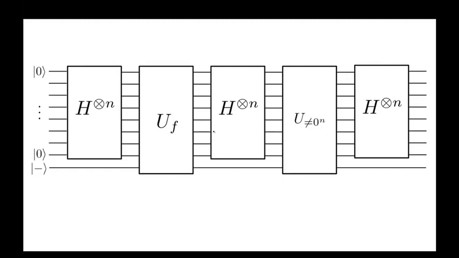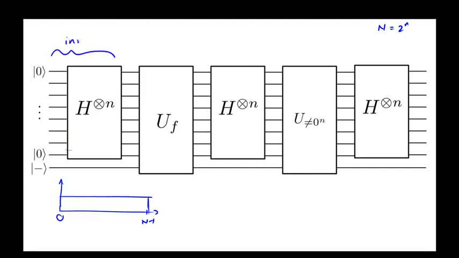We first wish to start off with an equal superposition over all numbers from 0 to capital N, or in other words, over all the n-bit strings. So we do a Hadamard transform. So that's our initialization.